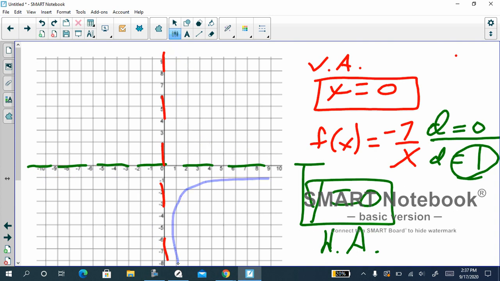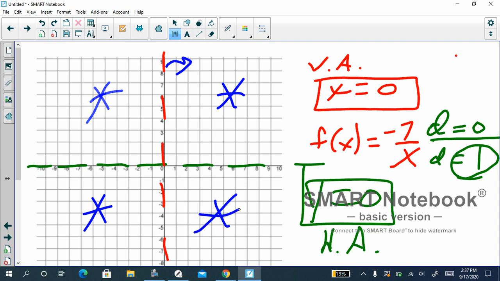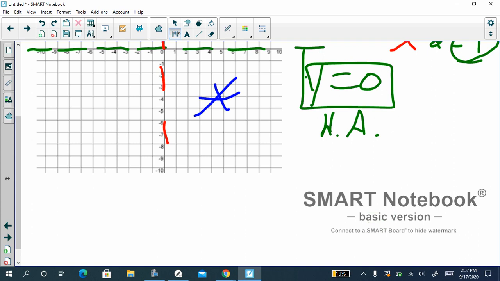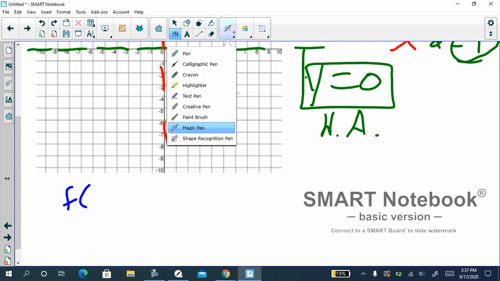So we want to see when we pick x's on this side of the asymptote, where is our cow? Is it up here or down here? And then when we pick x's on this side of the asymptote, are we up here or down there? We can simply do that by plugging in. On the left side, we could use an x value like -1.